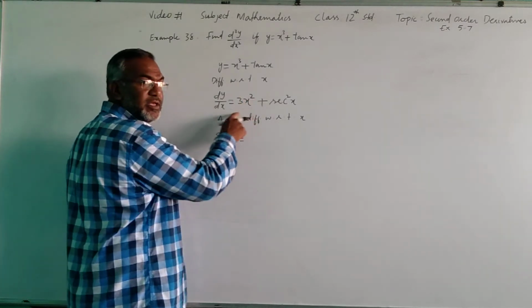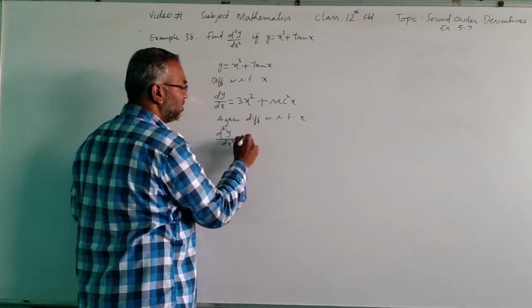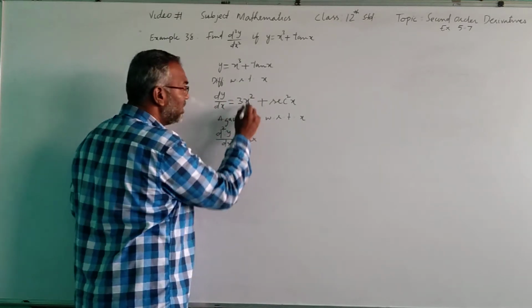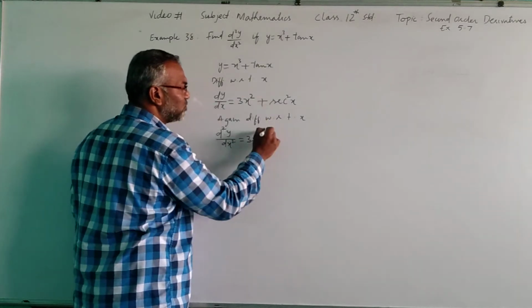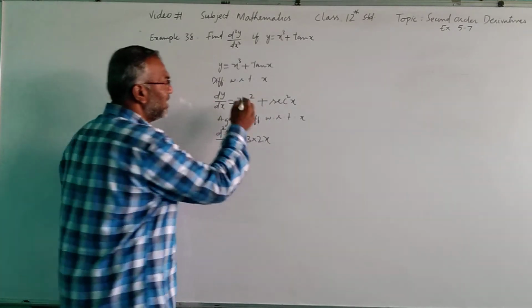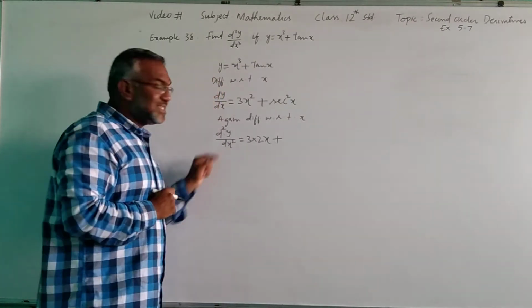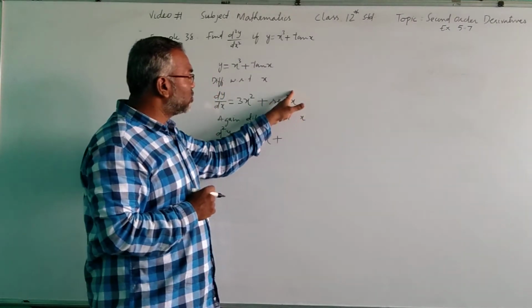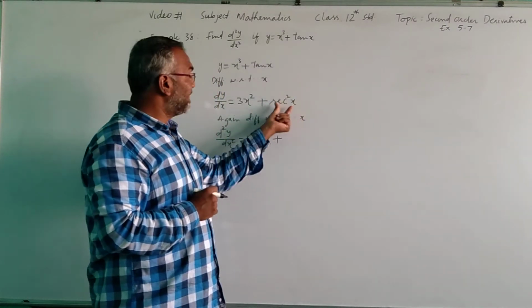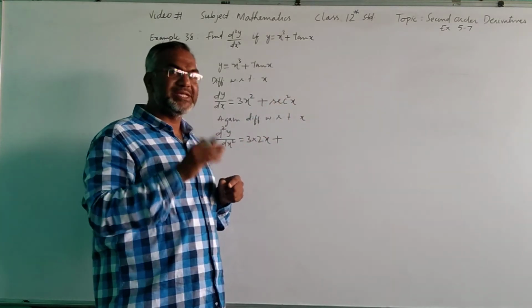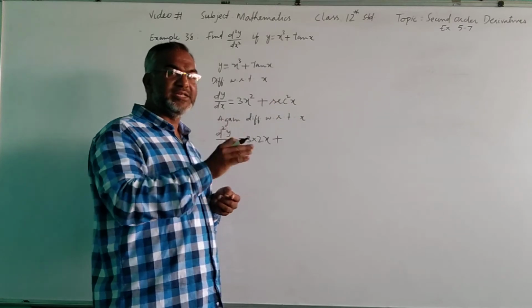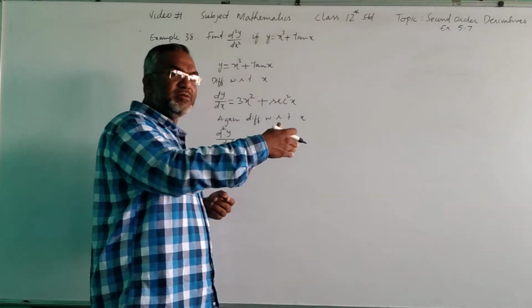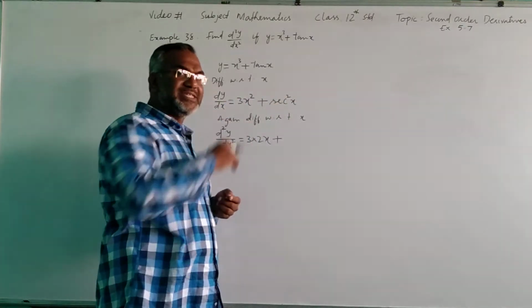This is 3x square, 3 constant as it is. Differentiation of x square will be 2 will multiply here, 2 x raised to 2 minus 1 will be 1, no need to write. Plus this is again in the form of x raised to n, but base is not just x, base is sec x. So first we will do it as x raised to n, then in multiplication we will also differentiate sec x.